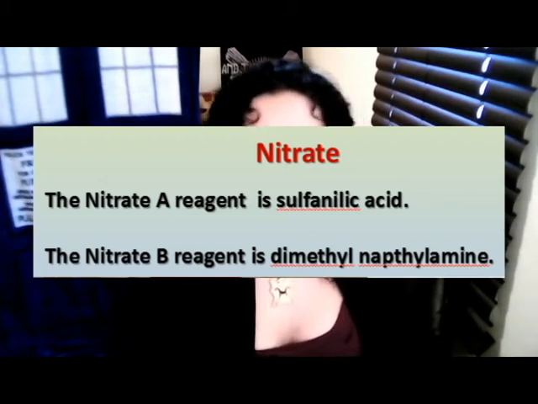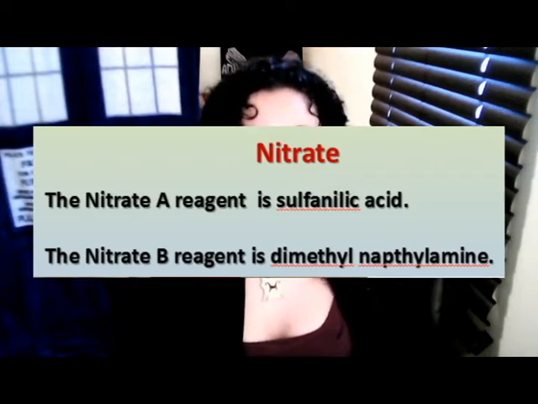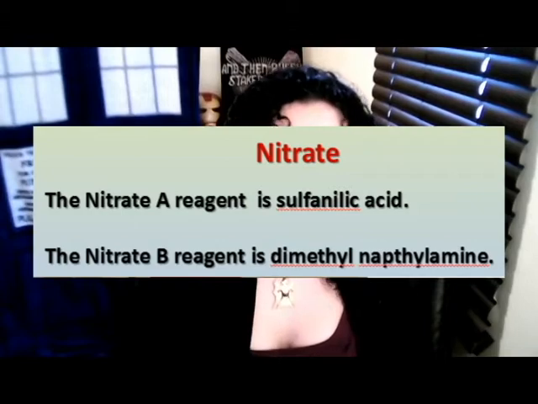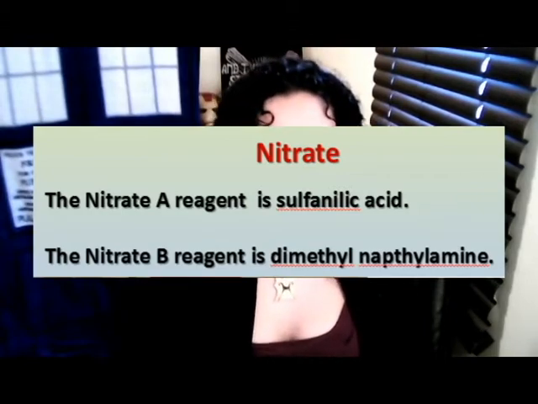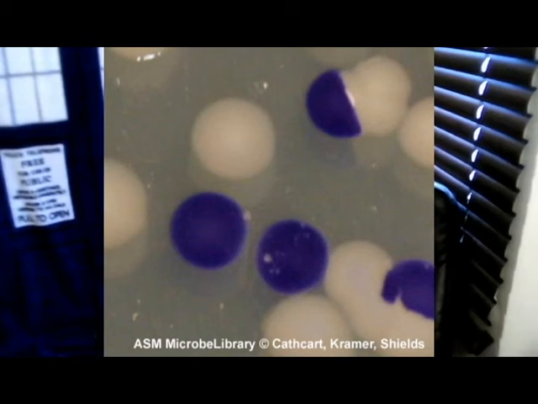I don't know if Catherine's going to ask about the nitrate reagents. I think it's a little benign to know that the 2 reagents that we used in the nitrate test were sulfanilic acid and dimethylnaphthylamine, but if you're able to commit those to memory, I recommend you do. An oxidase test. Who can guess what this test was used for? We use this to determine cytochrome C oxidase.